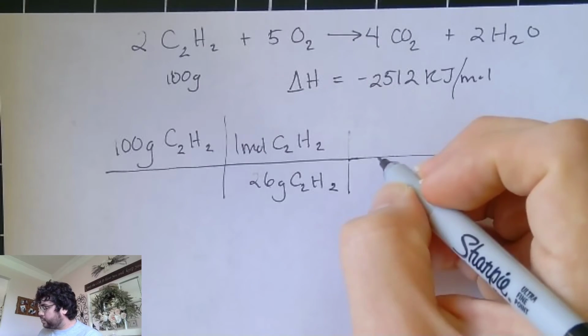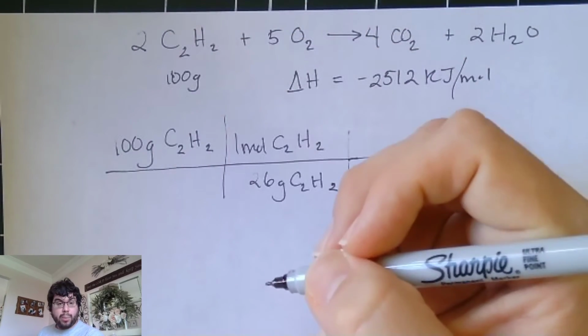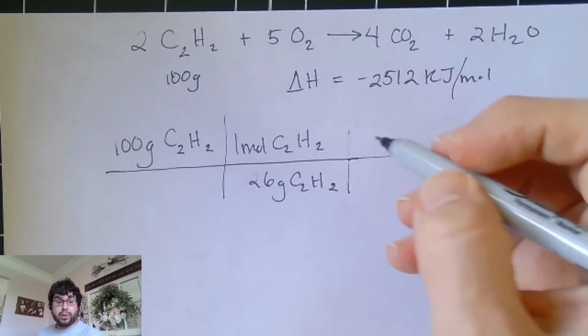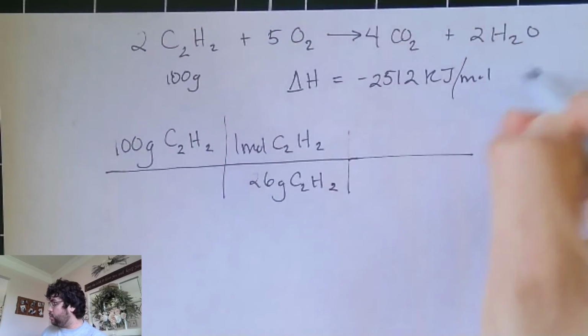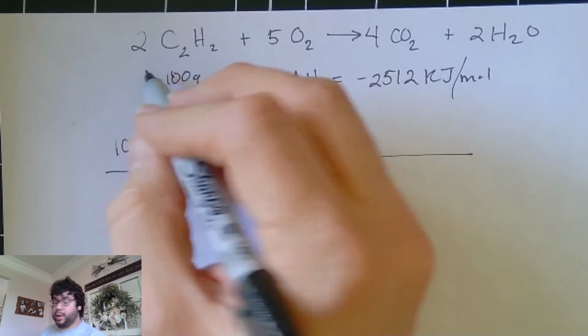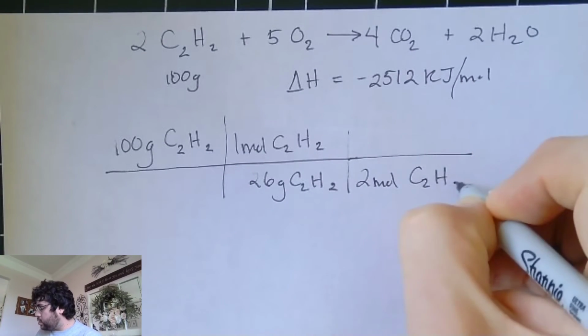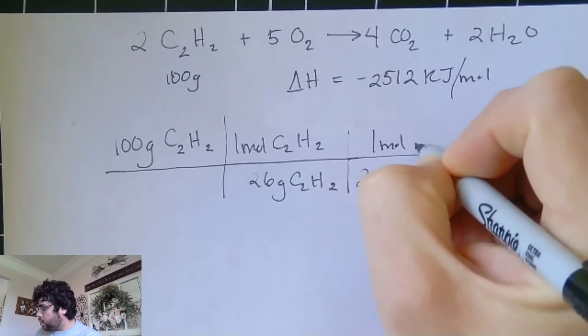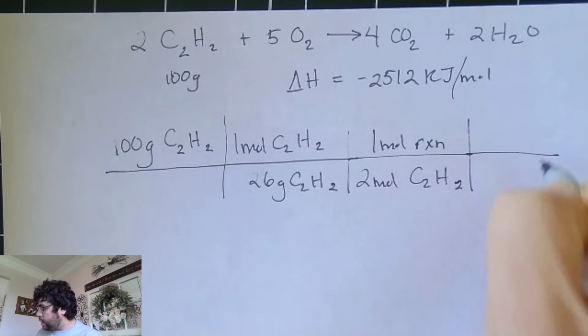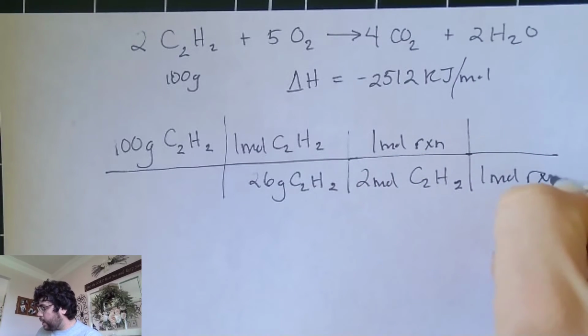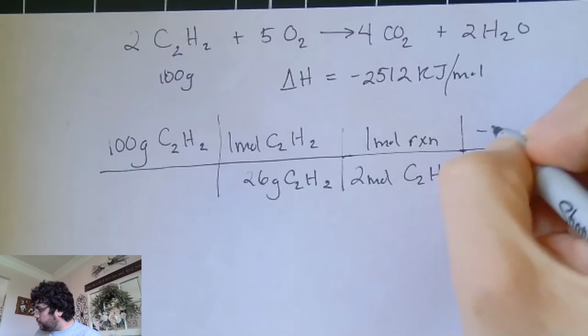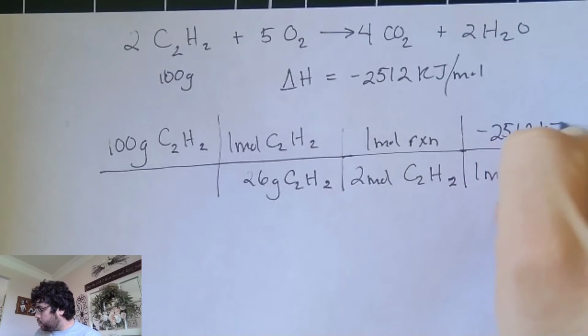Then use the molar coefficient to convert to moles of reaction. One cycle of this reaction requires 2 moles of C2H2, so 2 moles of C2H2 to 1 mole of reaction. And in 1 mole of the reaction, we release negative 2512 kilojoules.